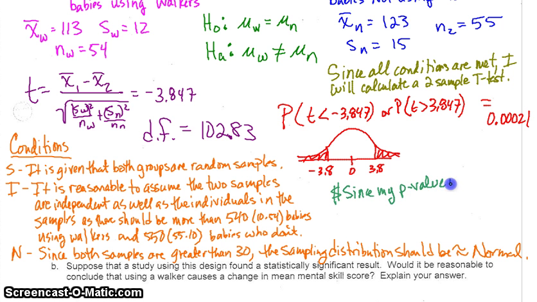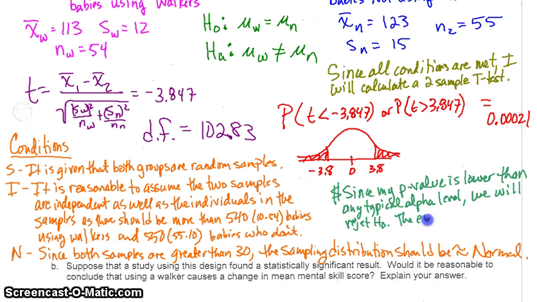Since my p-value is lower than any typical alpha level, we will reject H sub O. The evidence suggests there is a difference in mental skill scores. Hopefully that makes sense.